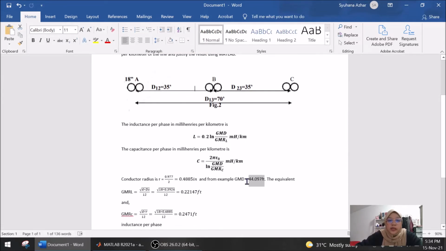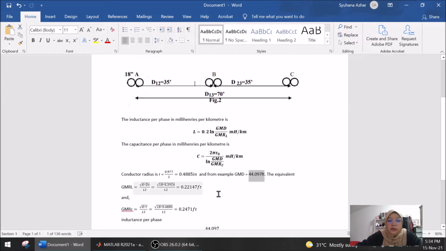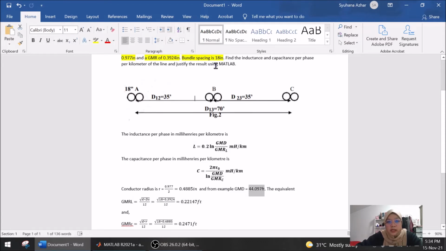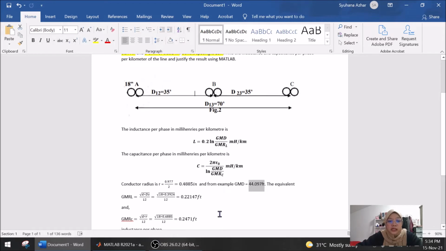And we need to find the value of GMRL. The GMRL formula is the square root of D multiplied by DS over 12. D is the value of bundle spacing here, which is 18, multiplied by DS, which is 0.3924 inch over 12, and then we get the answer 0.22147.